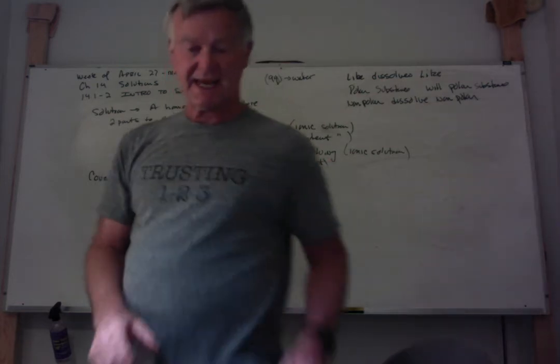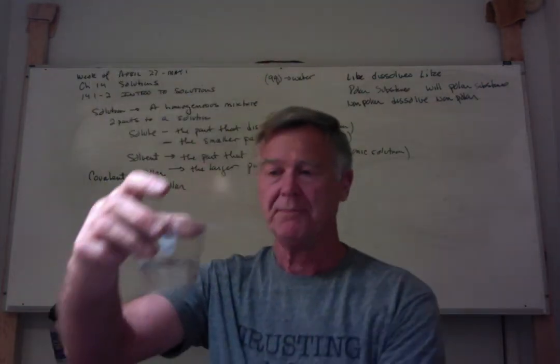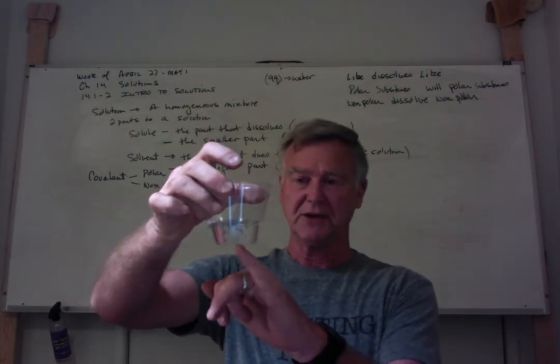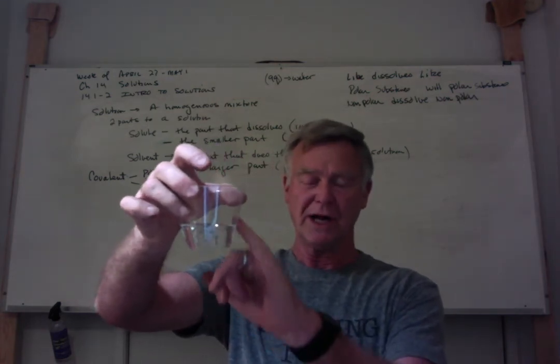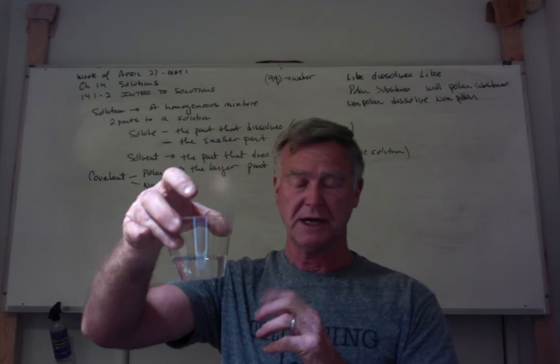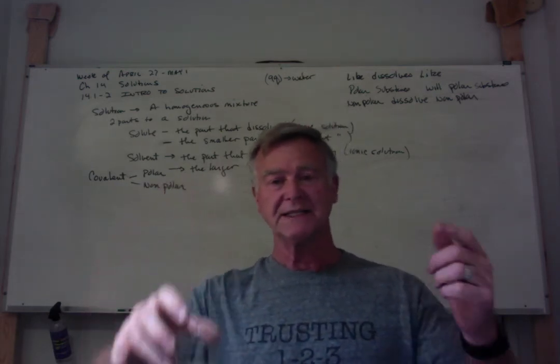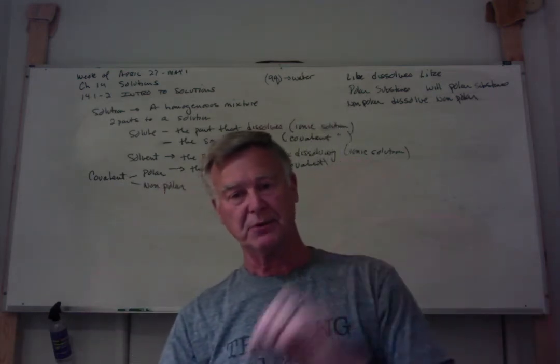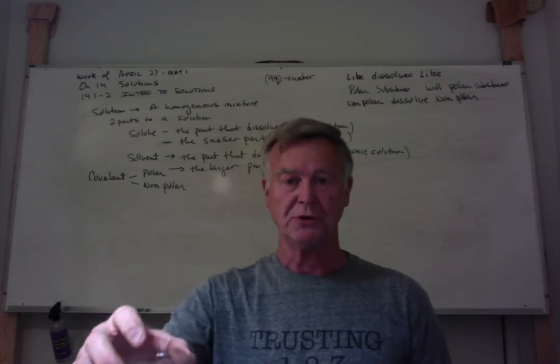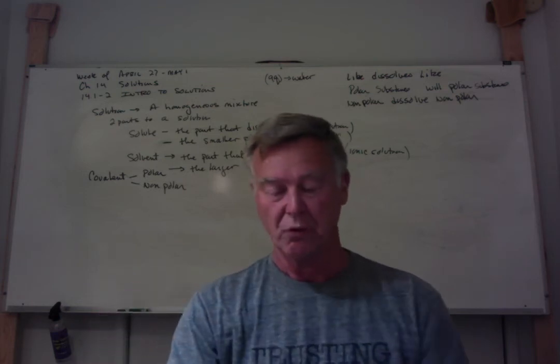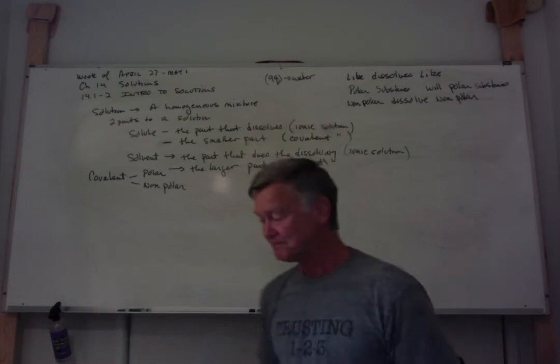So in this case, this was just a little bit of alcohol and a lot of water. The water is the solvent. But if I had put mostly alcohol and a couple of drops of water in, then the alcohol would be the solvent and the water would be the solute.